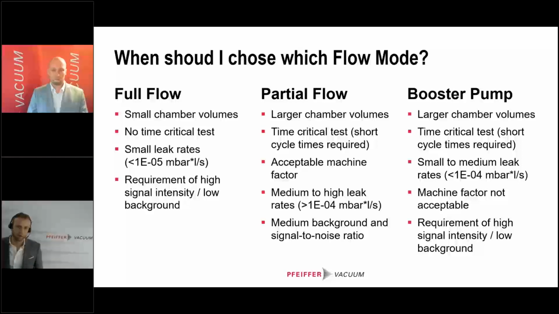So partial flow without a booster pump has a worse machine factor, and you can improve this factor by the addition of a booster pump. And also ultimately you will have a higher signal intensity and a lower background than in the regular partial flow.